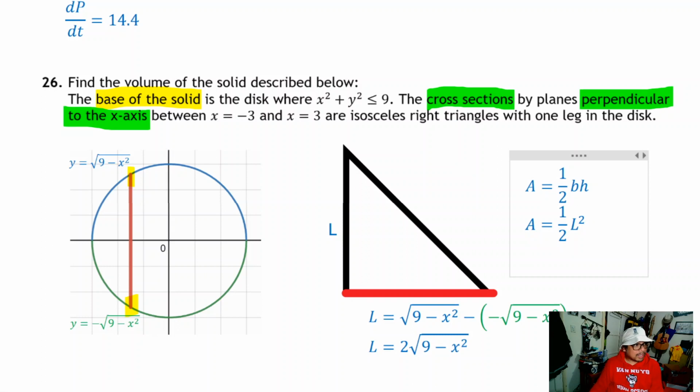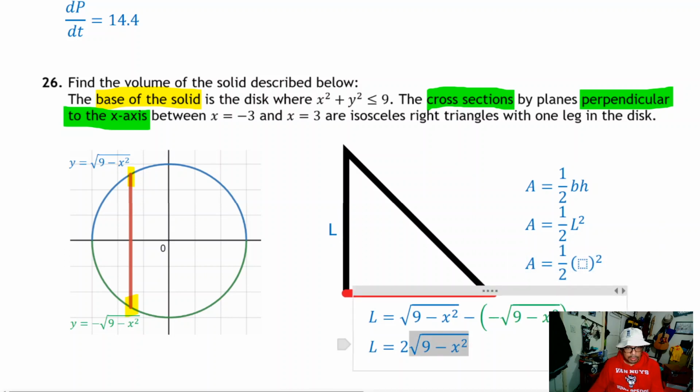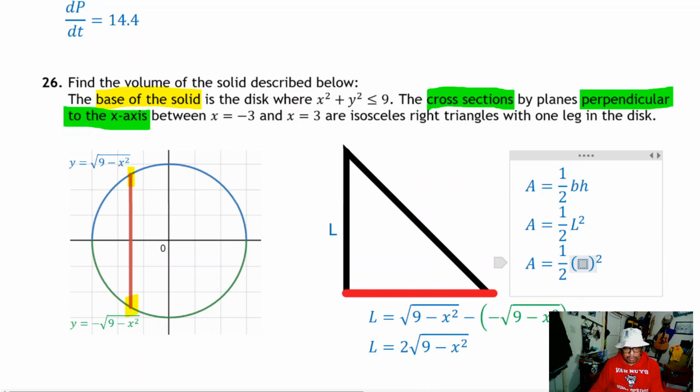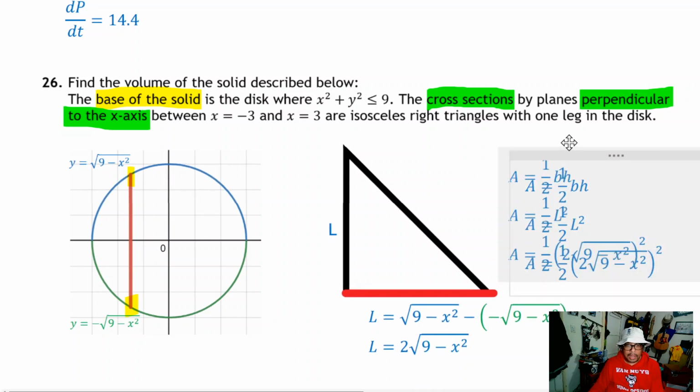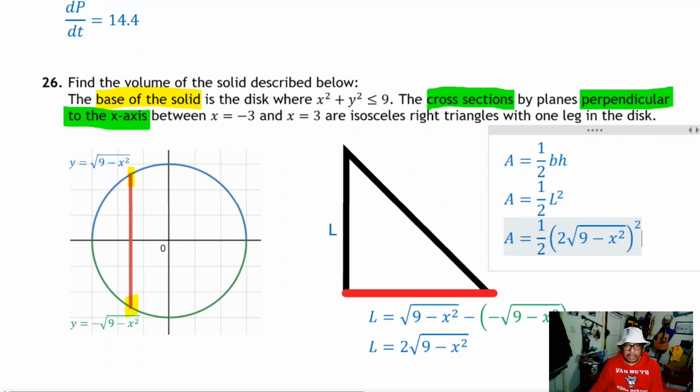Well, we also have a formula for L. So the area is going to equal 1/2 of the L formula squared. The L formula was 2 times the square root of 9 minus x squared. Let's put that in here. And our final simplification, and don't mess this up, is going to be to square everything.